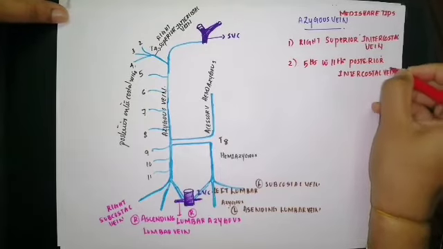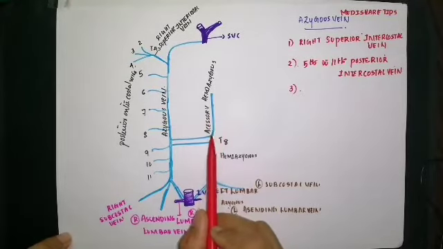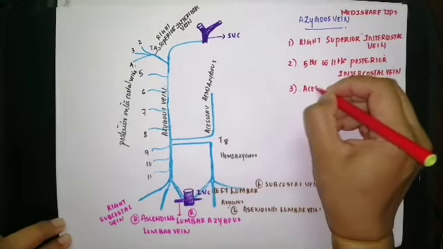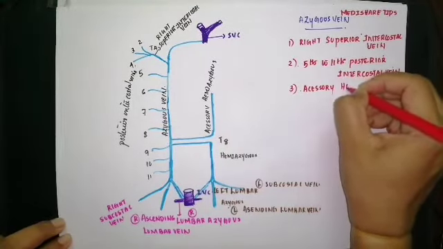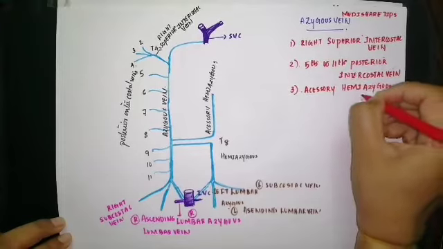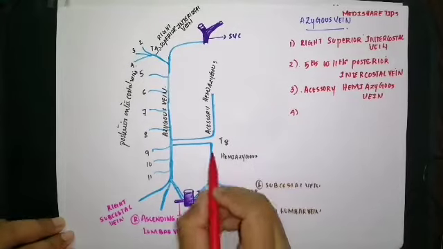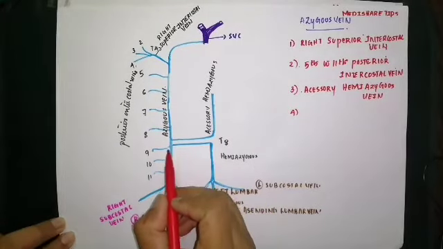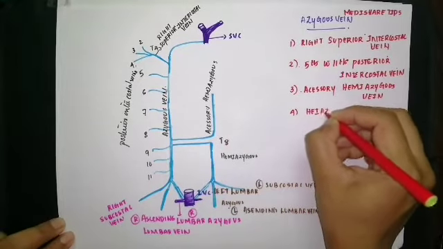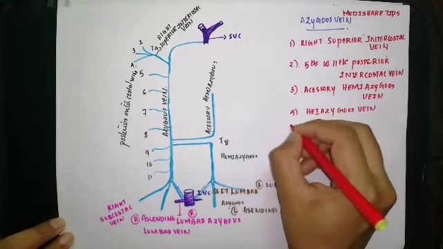Now what happens? We know that the accessory hemiazygous vein is draining into the azygous vein, at the upper border of T8. So it is one of the tributaries of the azygous vein. Next, the hemiazygous vein is also draining into the azygous vein, so it is also a tributary.